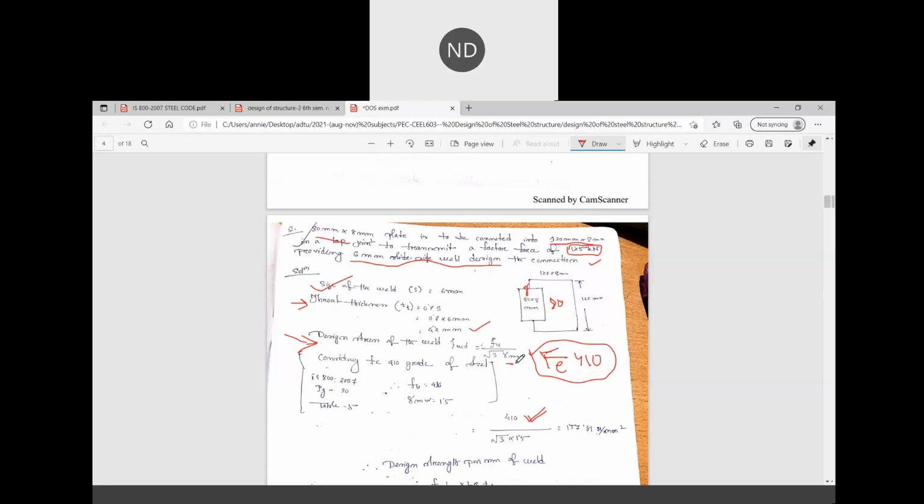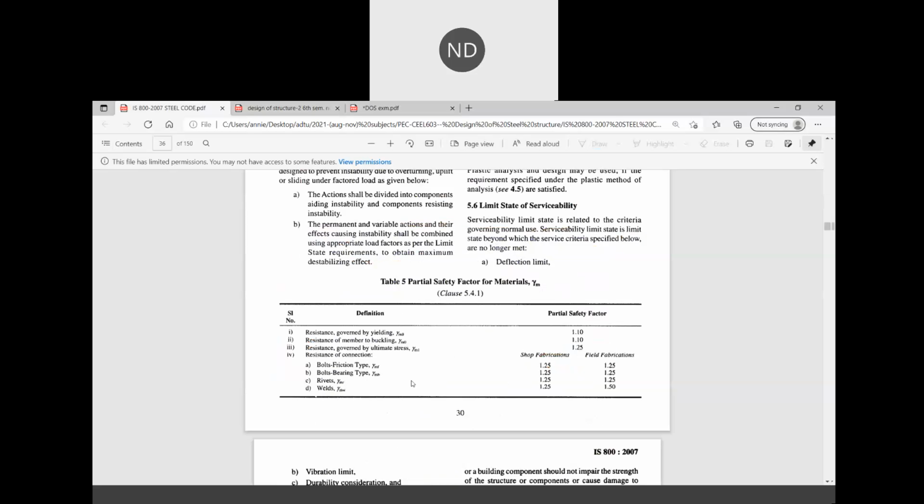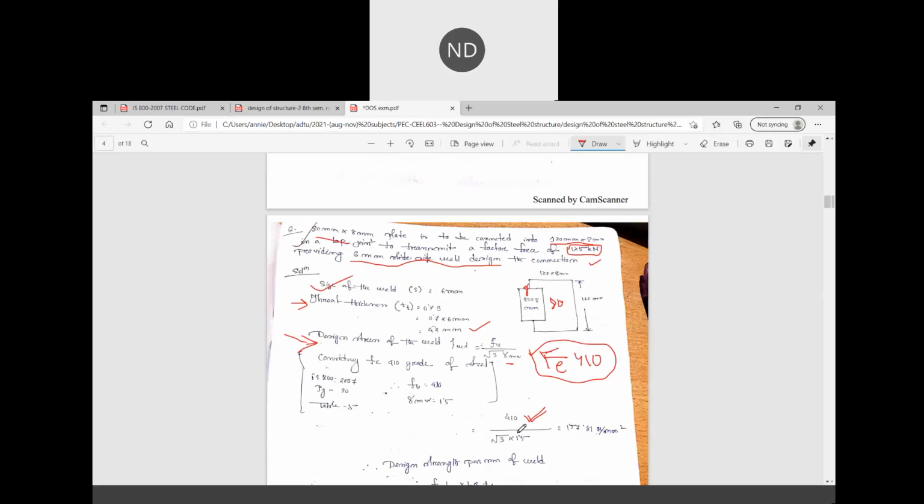Now, gamma mw is what? Gamma mw, in your table 5, I showed you the gamma m values. Gamma mw is here for welds. So how much are you going to take? See in your question, lap joint to transfer a factored load. It is not mentioned whether it is field fabrication or shop fabrication.